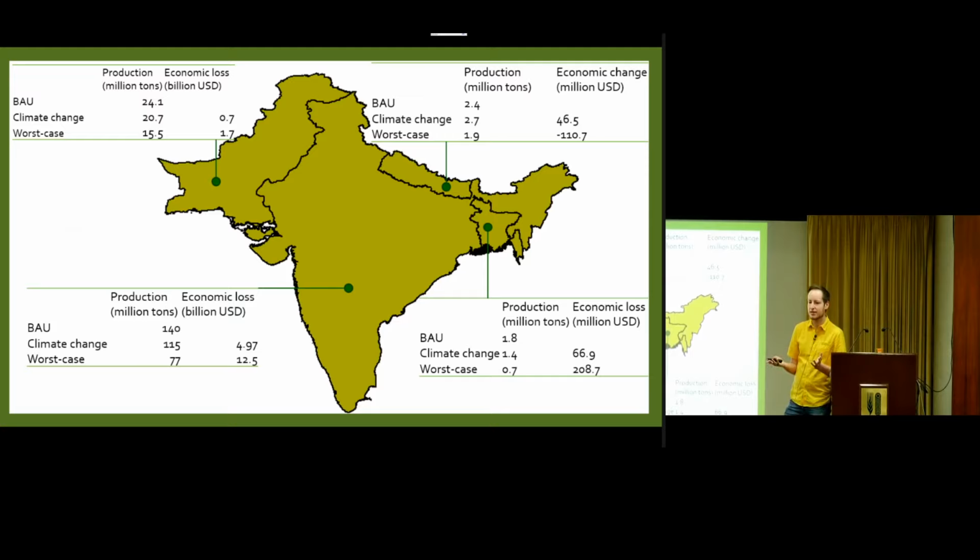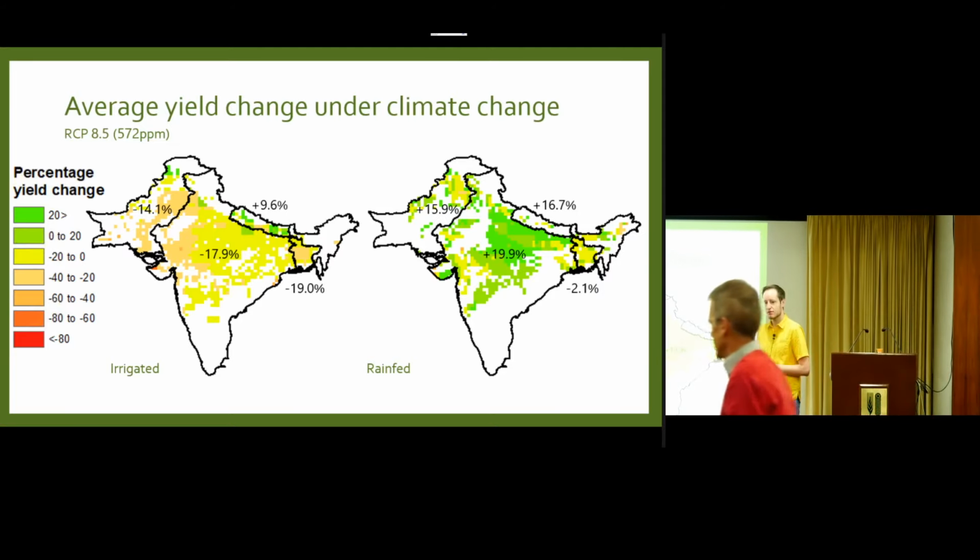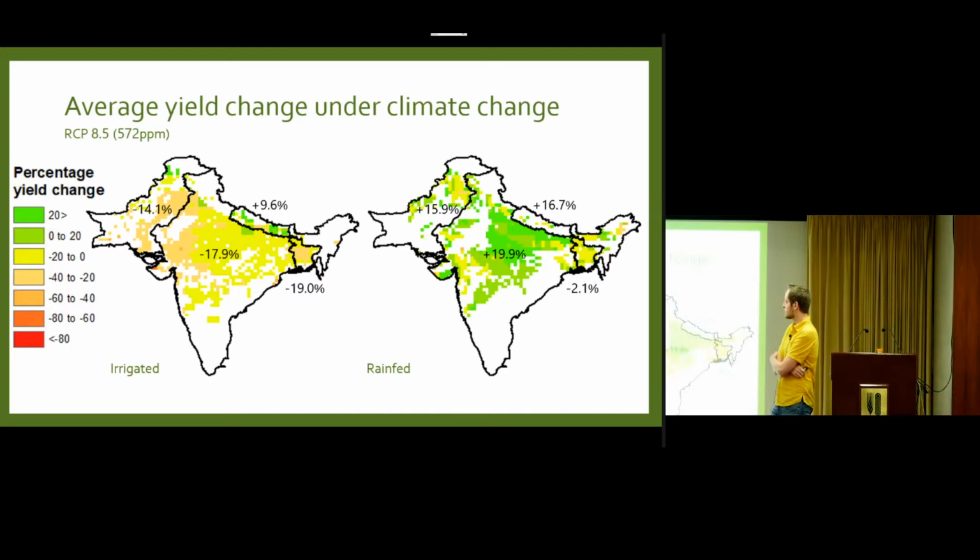Any other questions? Please go to the rainfed and irrigated climate change. This one. I'm not sure, because you explained why irrigated reduction is around 80%, but rainfed increases around 20%.